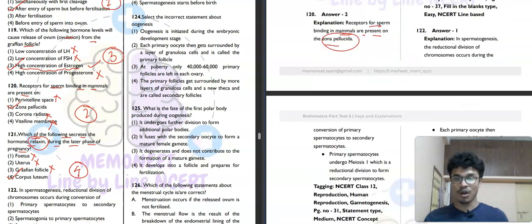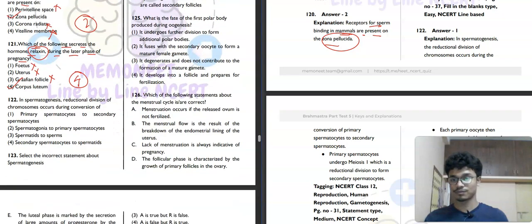Then question number 122. It is saying that in spermatogenesis, reductional division of chromosome occurs between conversion of primary spermatocyte to secondary spermatocyte. Yes, it is absolutely correct. Primary spermatocyte to secondary spermatocyte is a reductional division because the ploidy level of primary spermatocyte is 2n and the ploidy level of secondary spermatocyte is n.